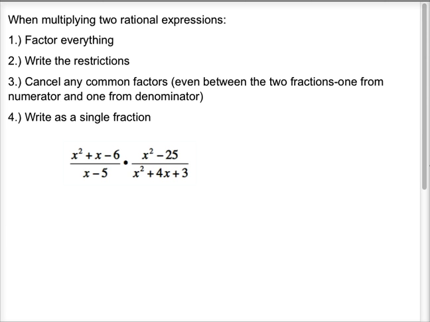The reason we're going to do that first is because then you're less likely to forget that you have to use the entire denominator, so you're not missing any of those restrictions. Then cancel any common factors, even between two fractions, one from the numerator, one from the other denominator. Just cancel from anywhere, and then write as a single fraction.